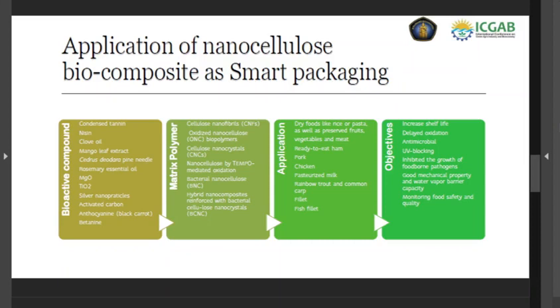And then the objective of the application of smart packaging is, the first, to increase shelf life, to delay oxidation, to inhibit the growth of foodborne pathogens, have a role in UV blocking, improve the mechanical property and water vapor barrier capacity, and then the last is for monitoring food quality and food safety.